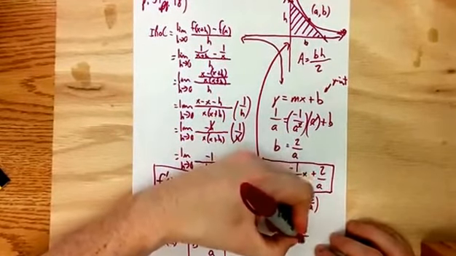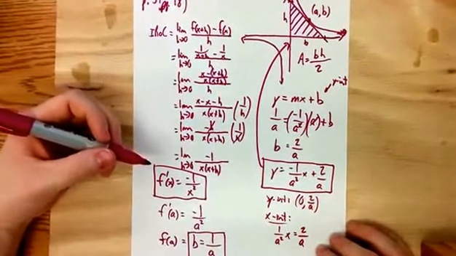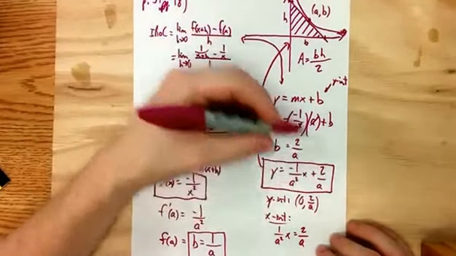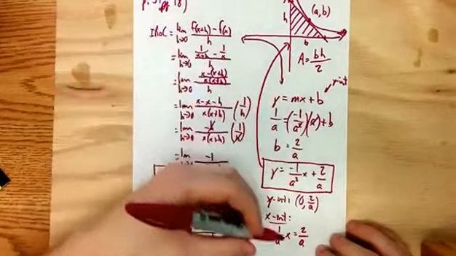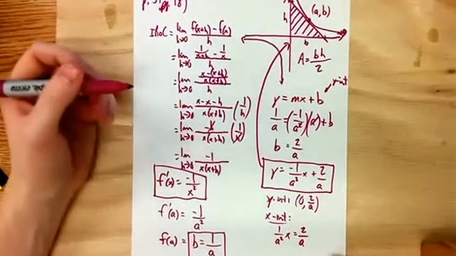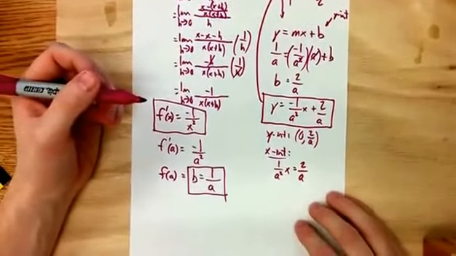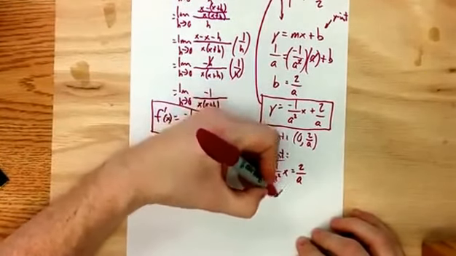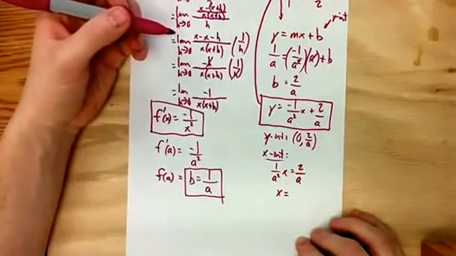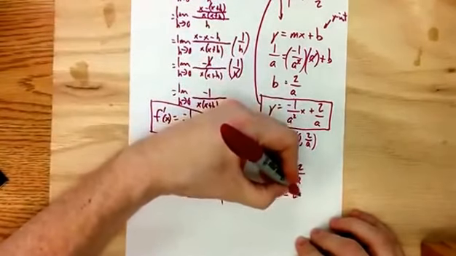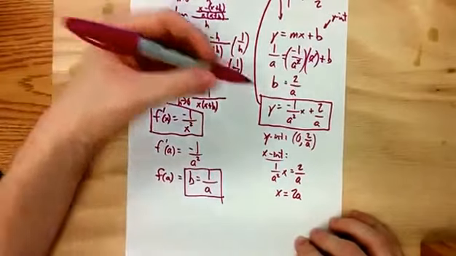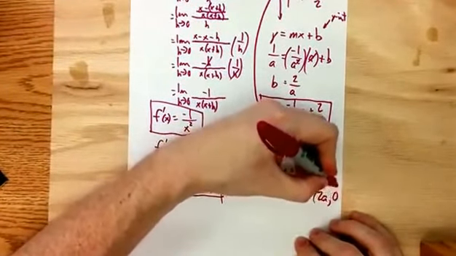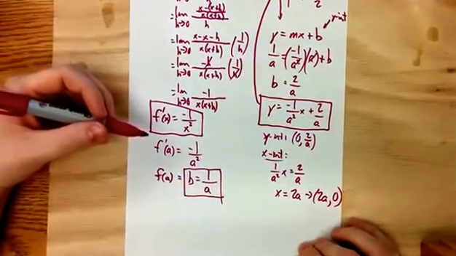I'm going to isolate x, but it looks like I'm going to run out of room on this paper, so I'm just going to move that up. Hopefully I can finish this problem on the page. Okay, so if I multiply both sides by a squared, I'll get x equals 2a. So I now have my x-intercept, which is (2a, 0).